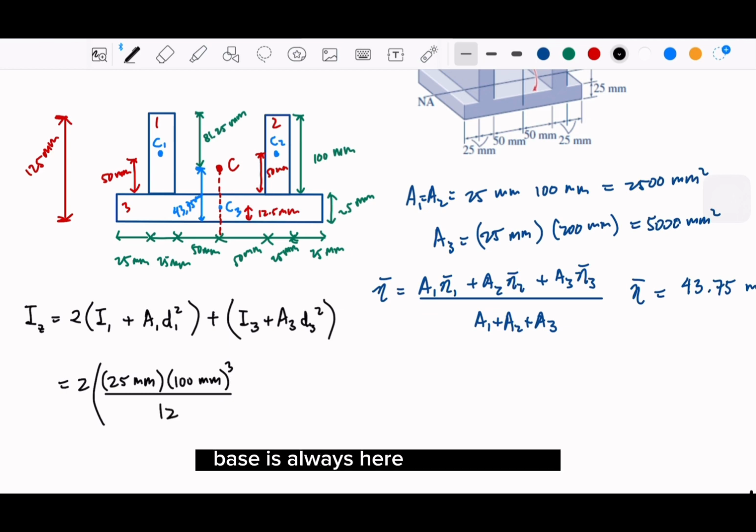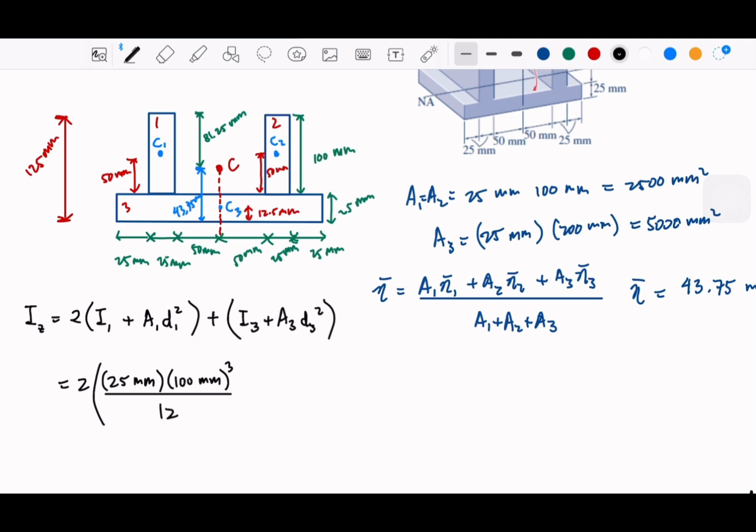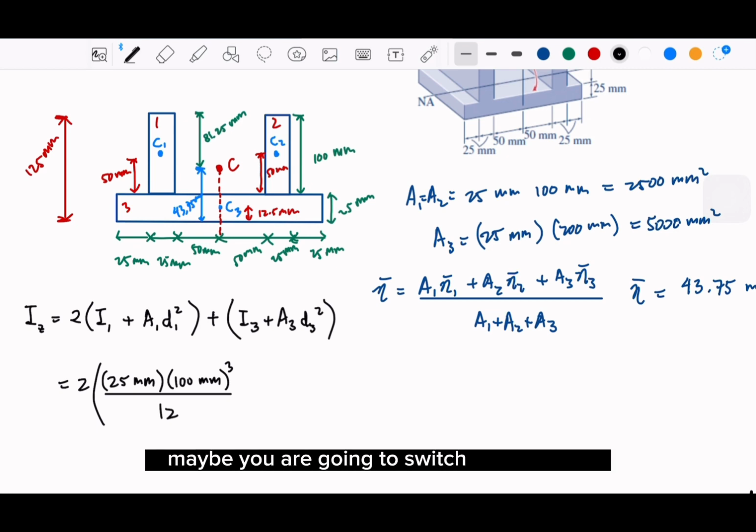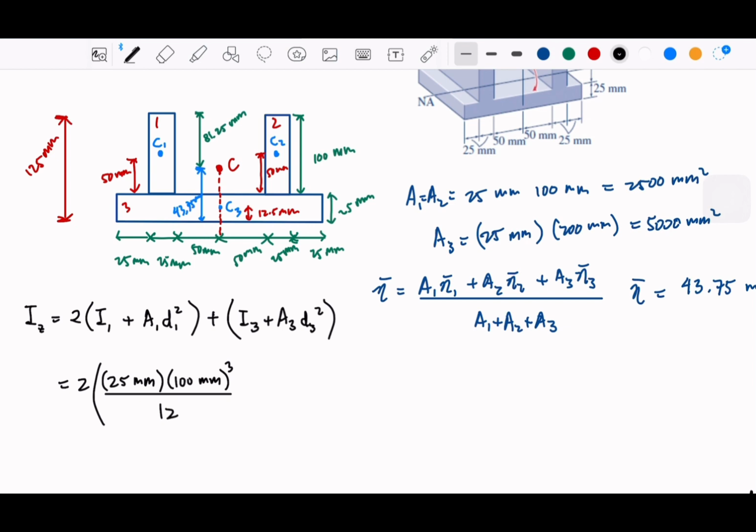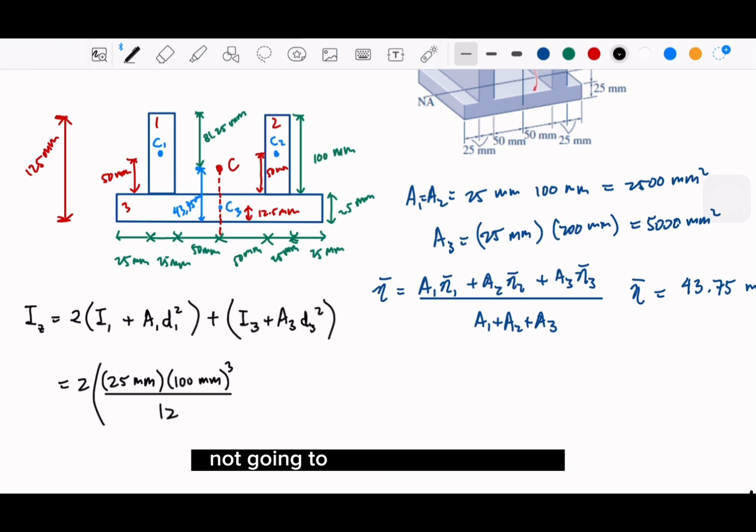Base is always here, height is here. If you try to switch, you might switch this number. Sometimes that might happen, because this is not calculating only the geometry, but we are also considering how it is positioned. The position is important.